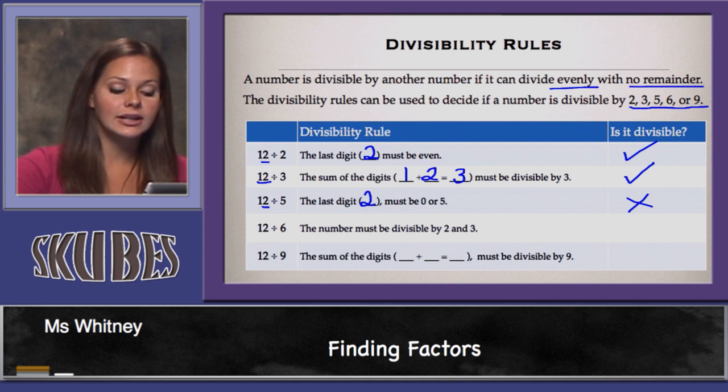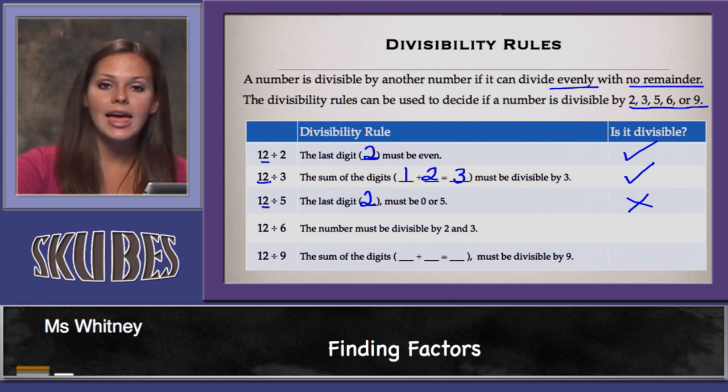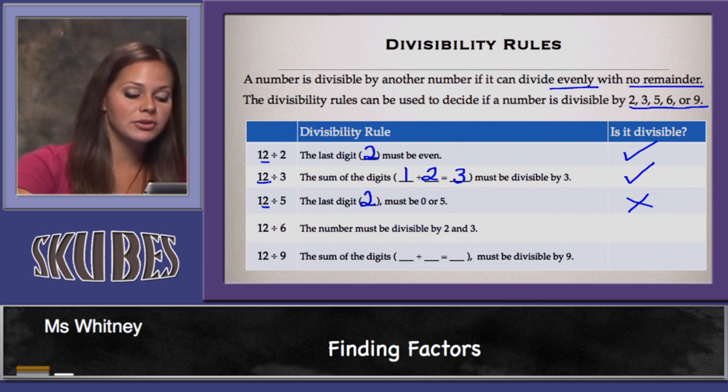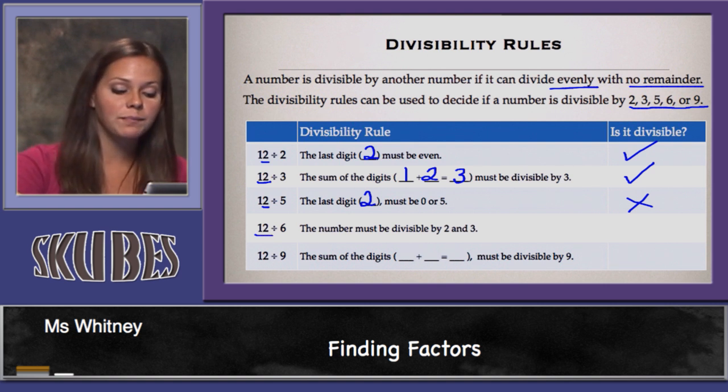Let's look at our divisibility rule for dividing by 6. The number must be divisible by 2 and 3. So the number 12 must be divisible by 2 and 3. Well, we've already determined that 12 is divisible by 2 and 12 is divisible by 3. So 12 is divisible by 6 as well.